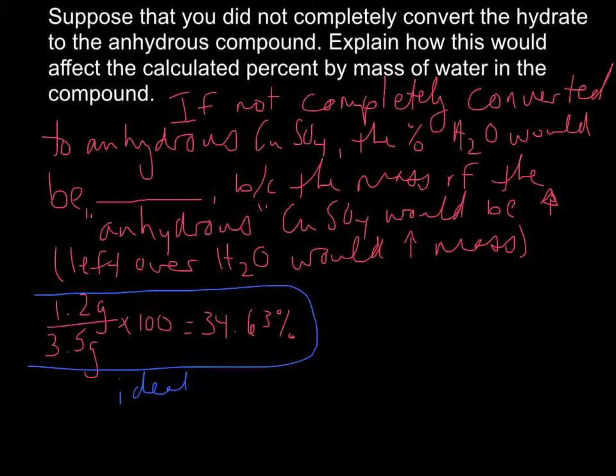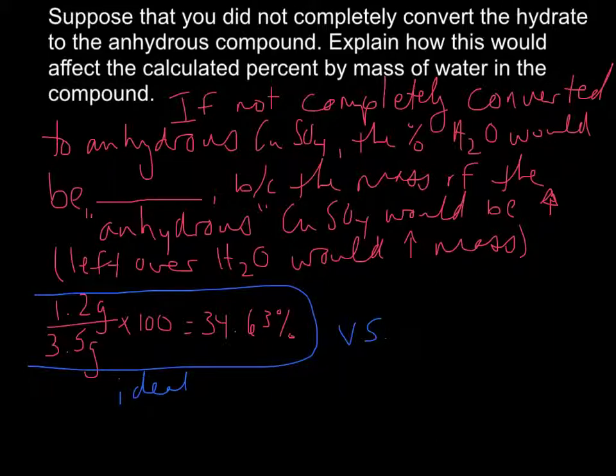Now let's compare this to a situation where we look at this increased mass. We would do our math at the end, and if we had a greater overall mass after doing the work that you guys did earlier, don't forget that you get the mass of water by subtracting the mass of what we think is anhydrous CuSO4 from the mass of the hydrous CuSO4.